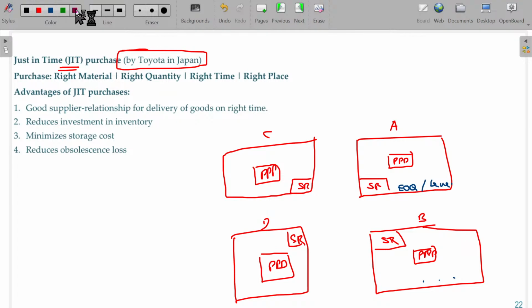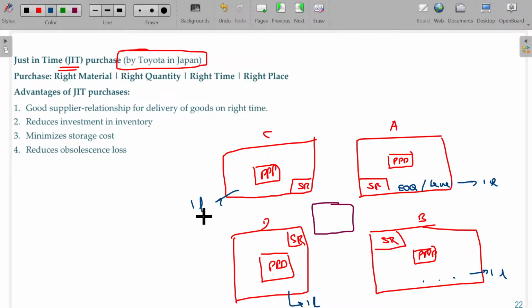Now, supplier comes here with an idea. Tell me, sir, what is the cost for running your stores department? It costs me around 1 lakh rupees, sir. For him, 1 lakh. For him, 1 lakh. For him, 1 lakh.